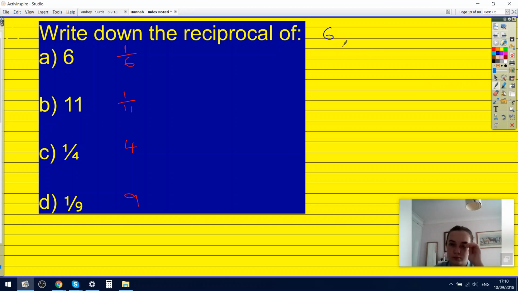What is 6 divided by 1? 6. Yeah, and so you can write that as 6 over 1. It's the same thing. Its reciprocal is 1 over 6. And you'll notice that's true for everything. 11 over 1, the reciprocal is 1 over 11. 1 over 4, the reciprocal is 4 over 1. And so you just flip the fraction.